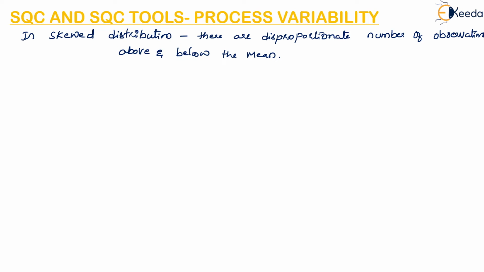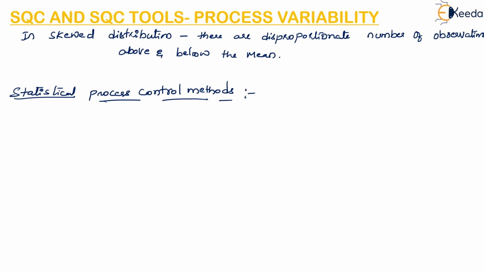Now the statistical process control methods. So we have already seen the descriptive statistics. Now we will see the statistical process control methods. Statistical process control employs descriptive statistics to monitor the quality of the product or processes.